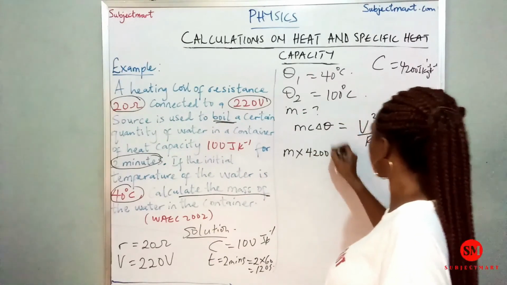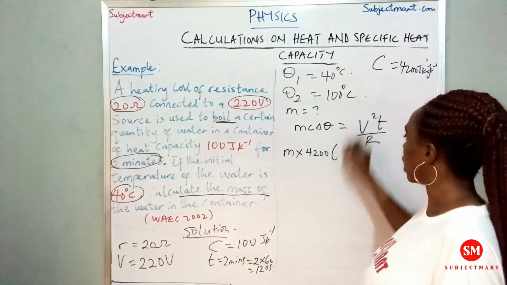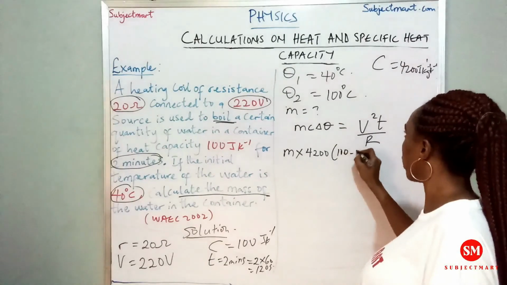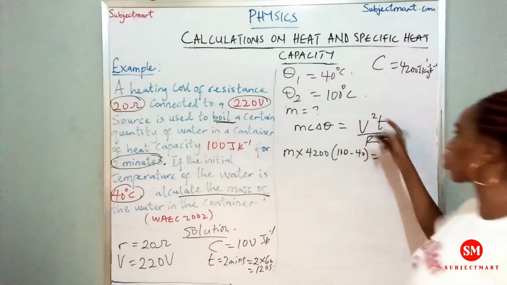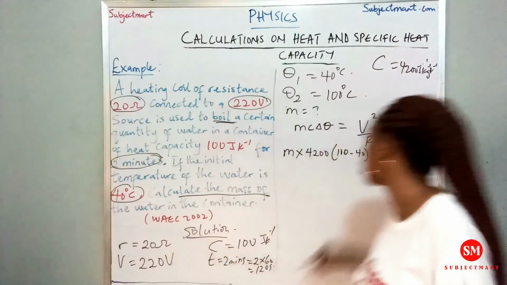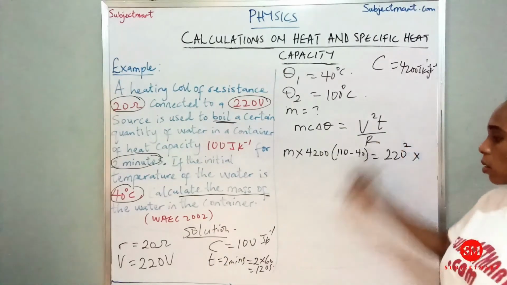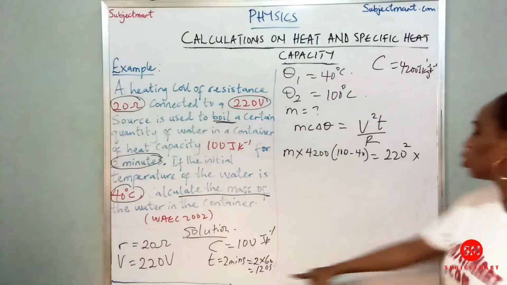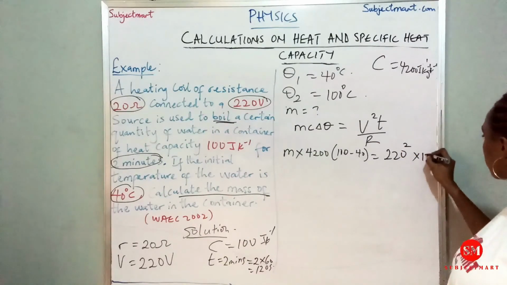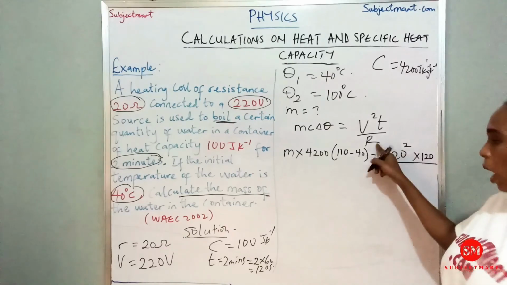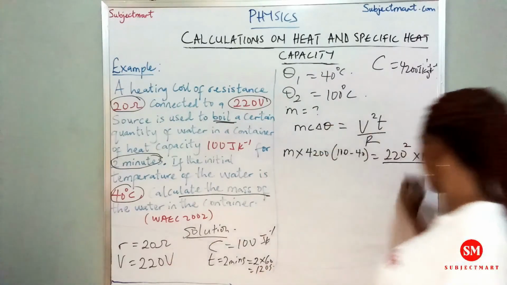So that is 4,200 times change in theta, that's 100 minus 40, is equal to V squared. Our V is 220, so I have 220 squared, T is 120 seconds, over R, which is 20.